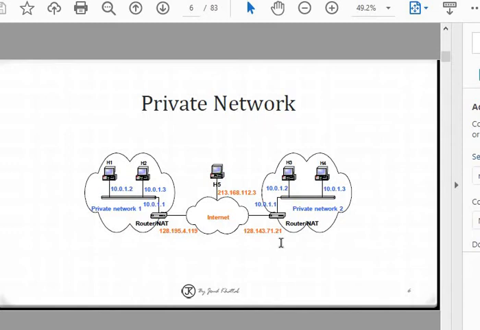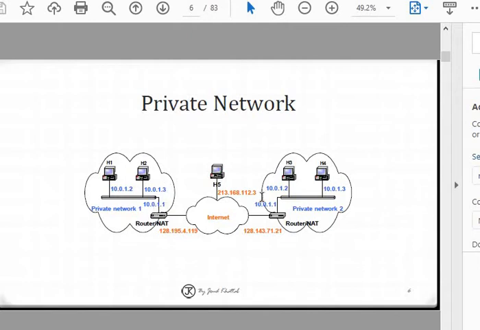You can see the two networks here connected with the internet, the left hand side network and the right hand side network. Consider this. Here your whole fundamental will change if you don't have a deeper understanding of IP addresses. On the left hand side you can see the IP addresses, let's say 10.0.1.2, 10.0.1.3 and 10.0.1.1.